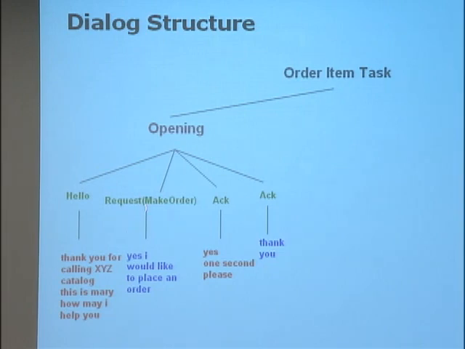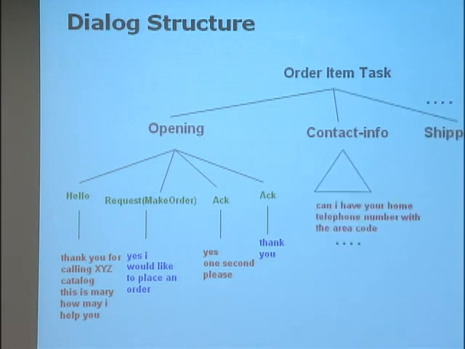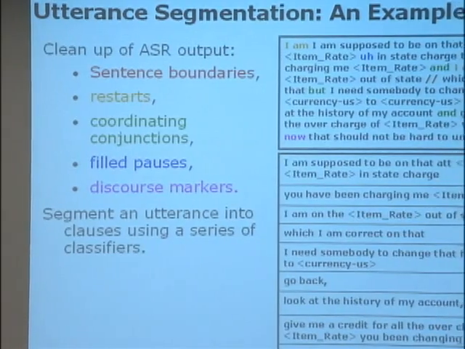There's a request for an order, there is an acknowledgement on both parties, and this whole sequence of exchange of conversation is called an opening subtask. Okay, and then there is a new subtask where she wants to know the contact info. Can I have your home number, and so on. And then there's another subtask which is the shipping address, and so on.